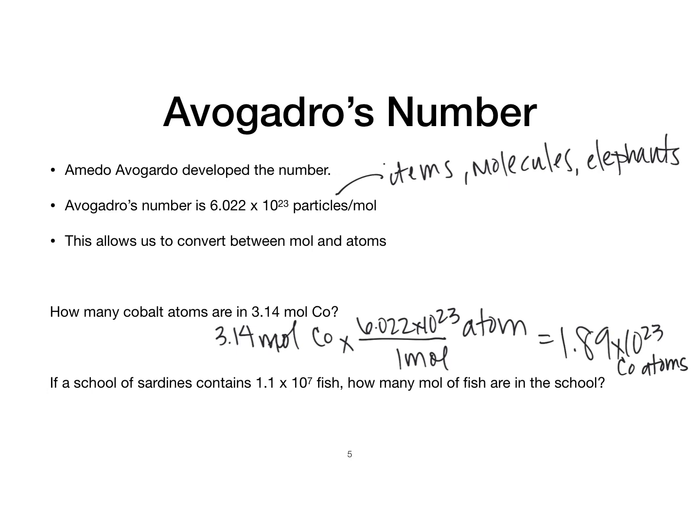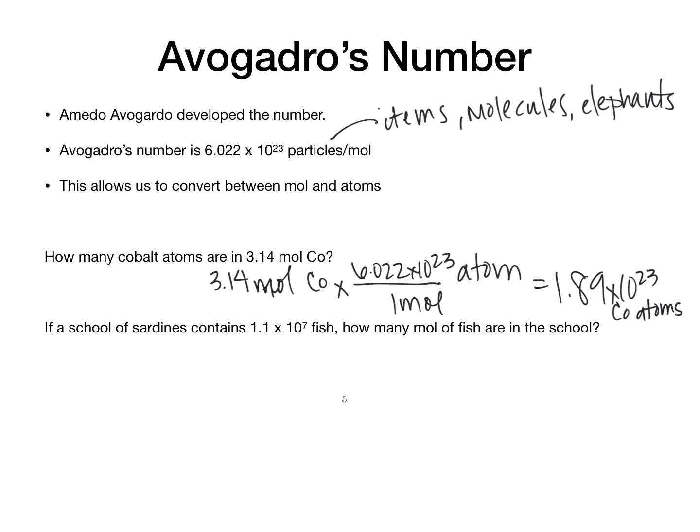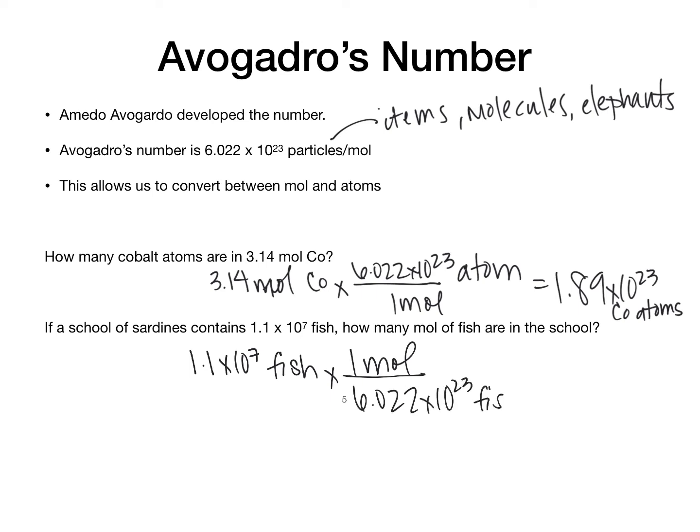So let's think about a slightly different example. If we have a school of sardines, which are tiny fish, and it contains 1.1 times 10 to the 7th fish, how many moles of fish are in the school? A mole can be of any given component. And so in this case, we're going to set it up quite similarly, except we're going to take our 1.1 times 10 to the 7th fish, and we're going to create a mole which has 6.022 times 10 to the 23rd fish.